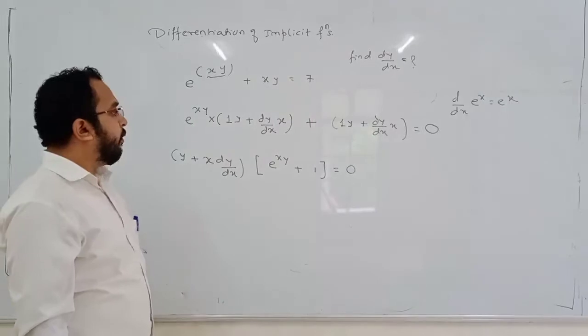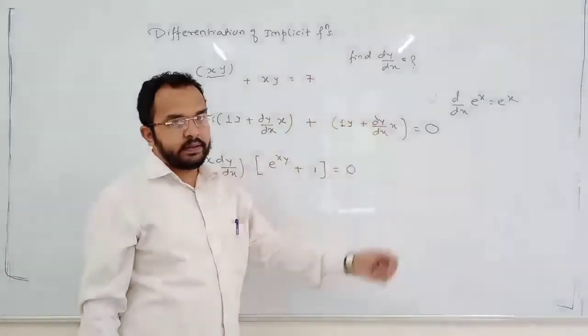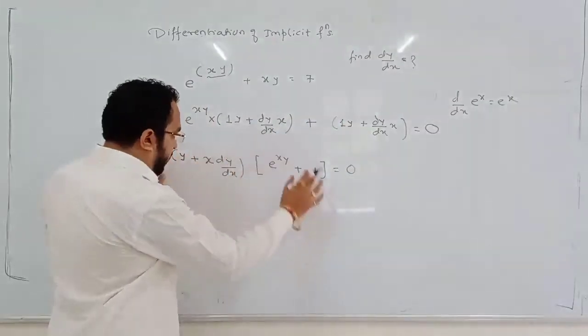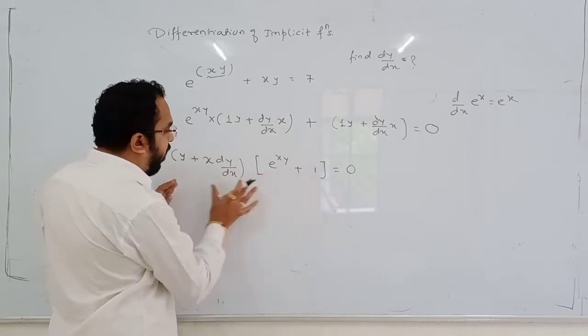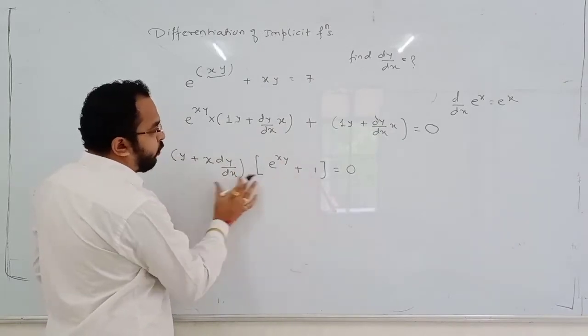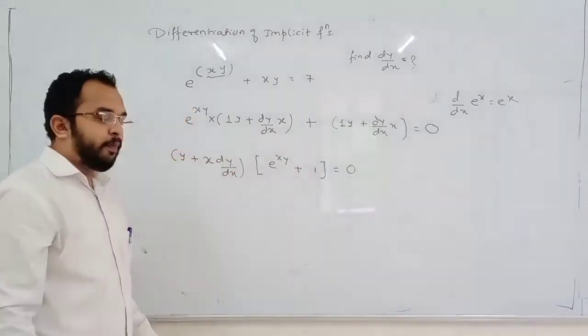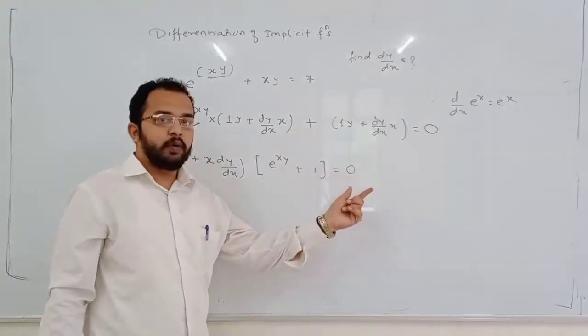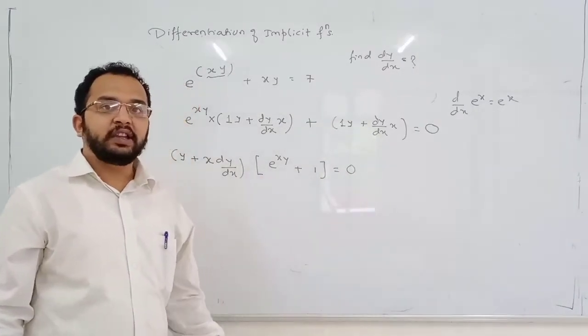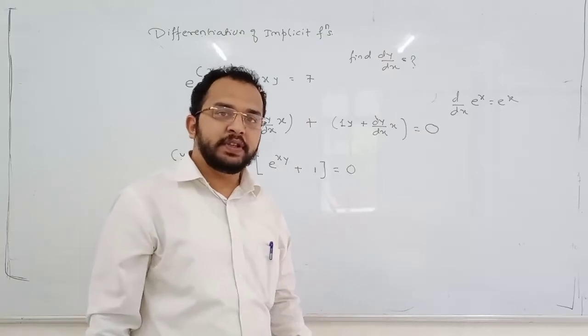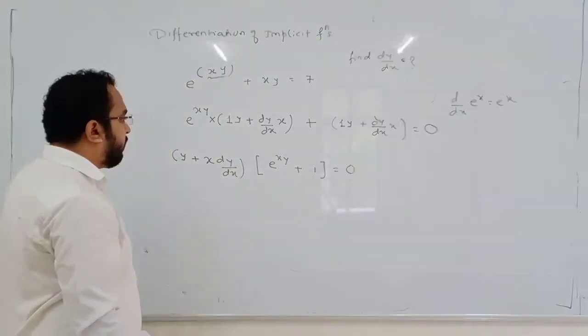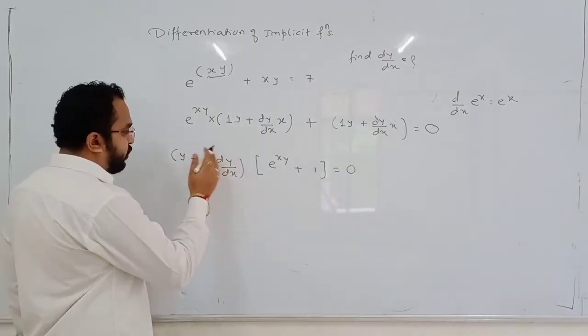Okay. Now we need to find dy by dx. Here a product of two things is 0. If the product of two numbers is 0, that means either of the two numbers should be 0. That means I will assume this as 0.